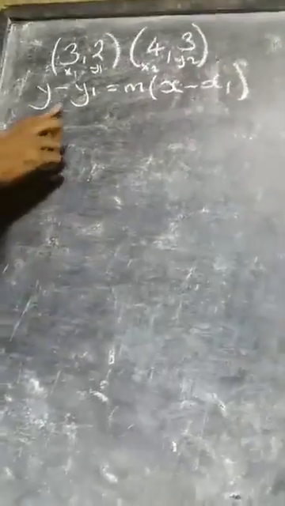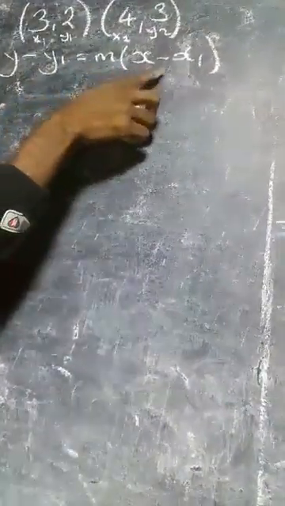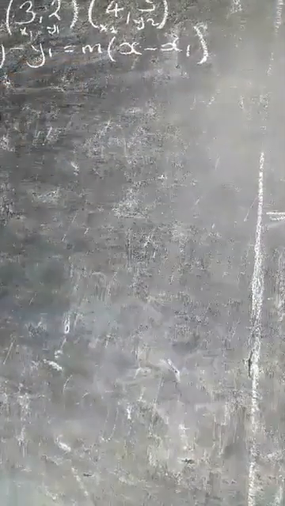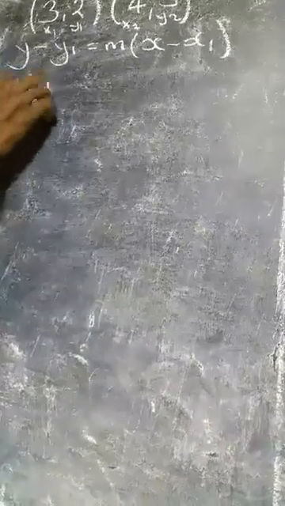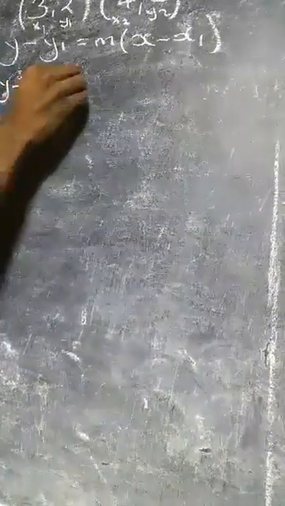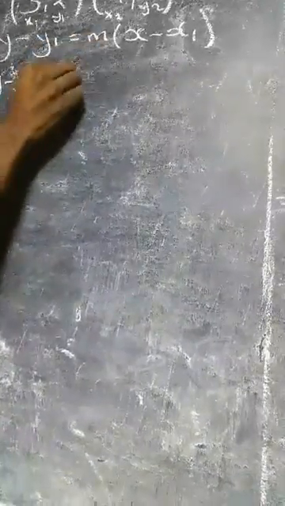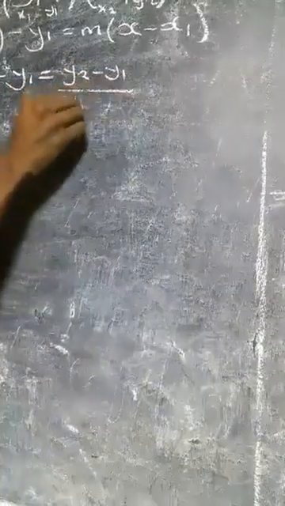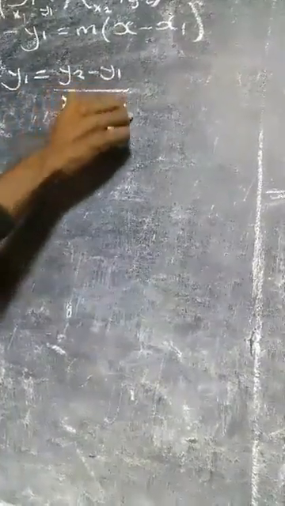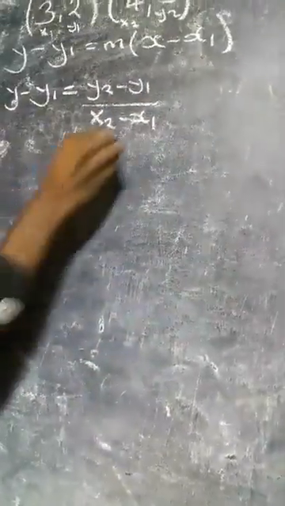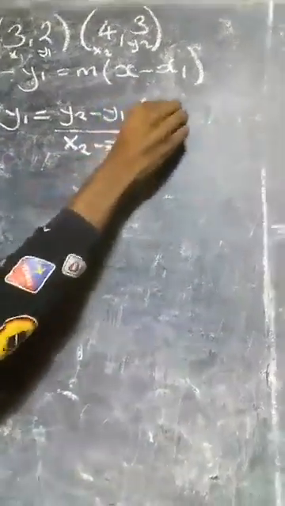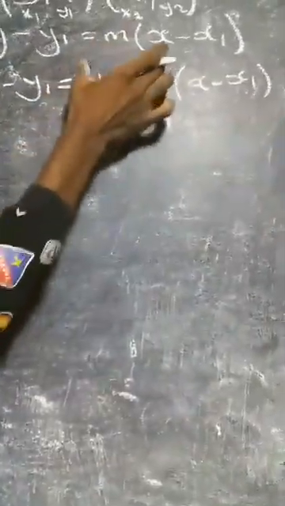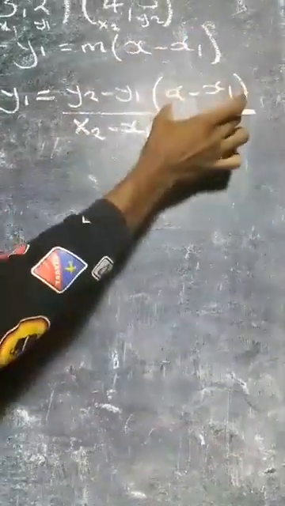Now, y minus y1 is equal to m(x minus x1). So, formula of the gradient, we know that m is y2 minus y1 over x2 minus x1. That's the formula. Then times x minus x1, of course. So this is your gradient, and that's that, of course.